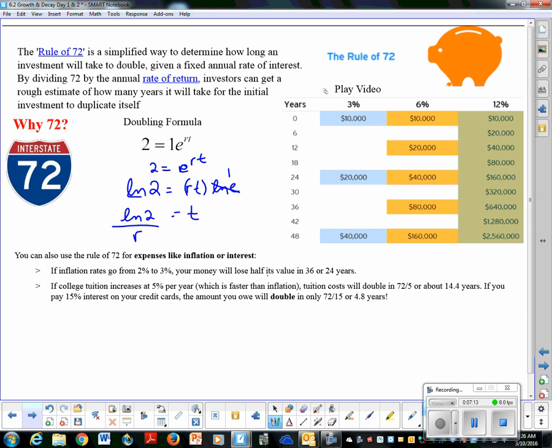And if I look at the natural log of 2, I get 0.69314547, and that would be equal to r times t.